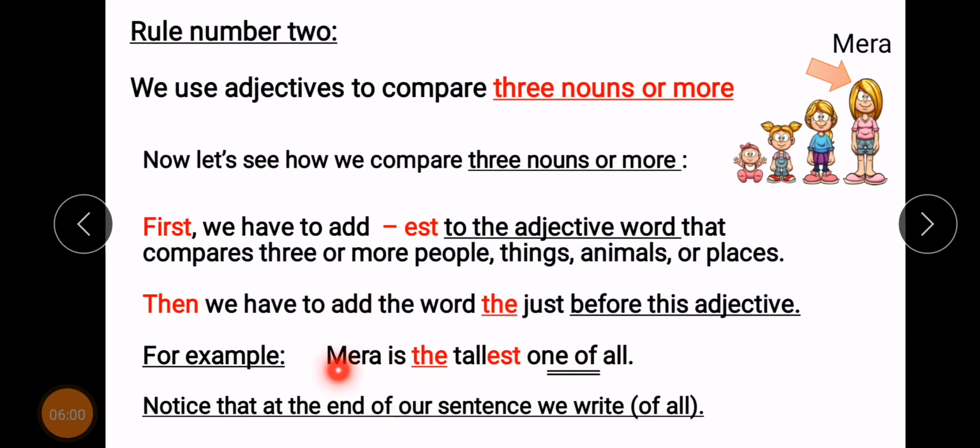So I'm talking about Mira, comparing Mira with all the other girls. So I will say Mira is the tallest one of all. Notice that at the end of our sentence we write of all. This means that I'm comparing one noun with all the other nouns.